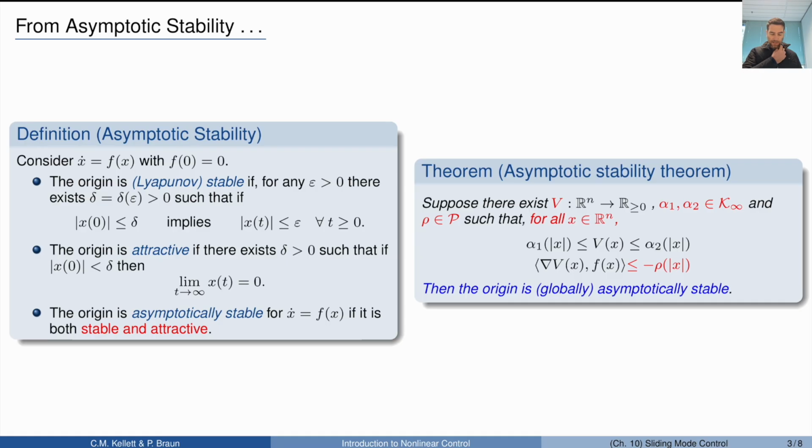And attractivity then on top of that means that, well, if we start close to the equilibrium, then our solution asymptotically needs to converge to 0.